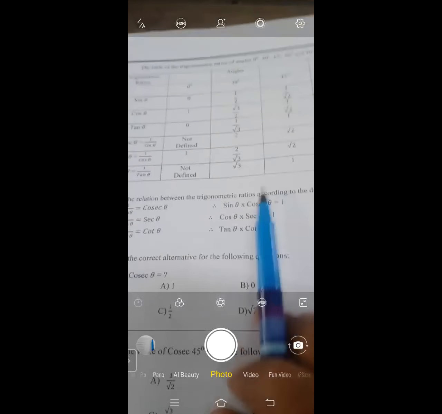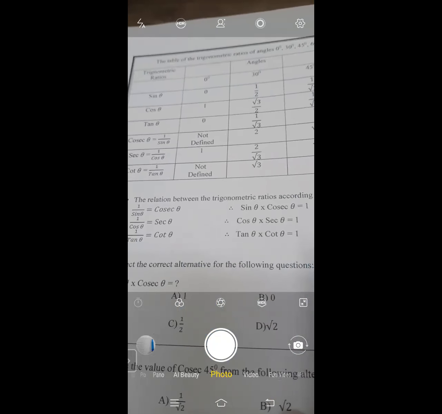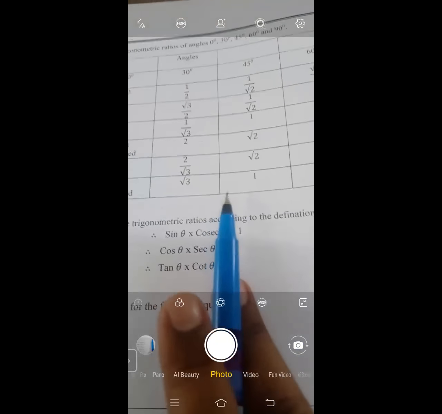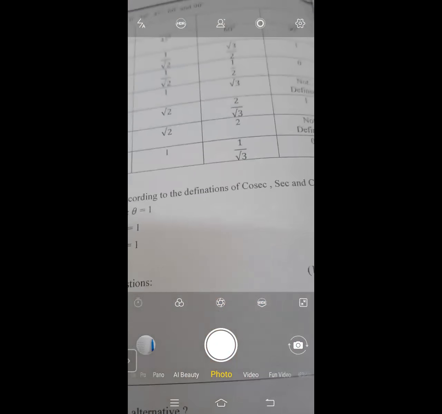And these were the identities in your textbook, which we have revised very well. So today, go through all these identities, as well as this table. Try to formulate this table on your own. First, copy the table as it is.